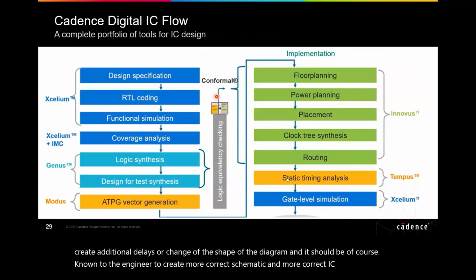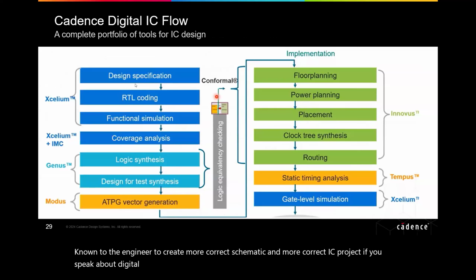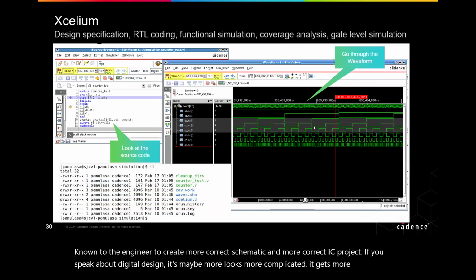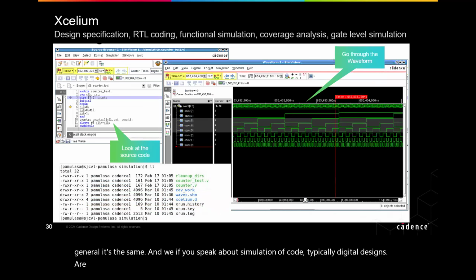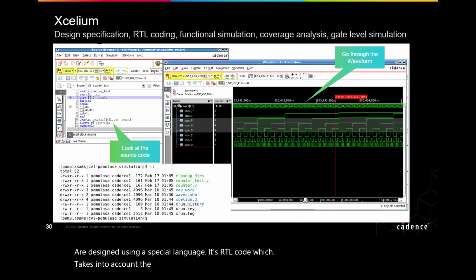If you speak about digital design, it maybe looks more complicated. It has more tools, but in general it's the same. And if you speak about simulation of code, typically digital designs are designed using a special language. It's RTL code, which takes into account the real-time change of triggers, registers, and so on.